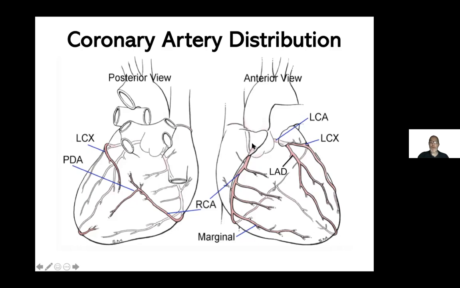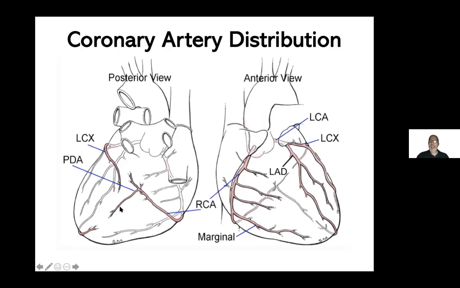So you've got your right coronary artery coming off the right ascending aorta, and it essentially has two main branches. You have this marginal branch right here. And if you look at the image on the left, this being the posterior, you have this posterior descending artery right here.